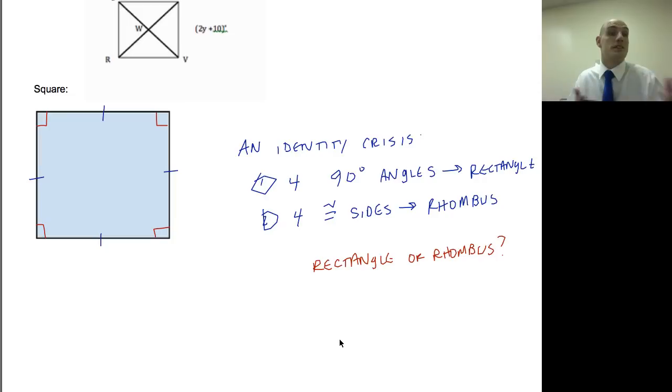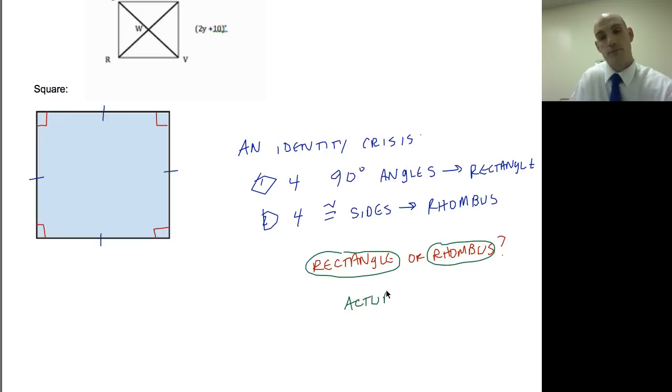Because it has characteristics of both. Well, what I'm here to tell you is it's actually both. It's actually both a rectangle and a rhombus. It fits into both families.